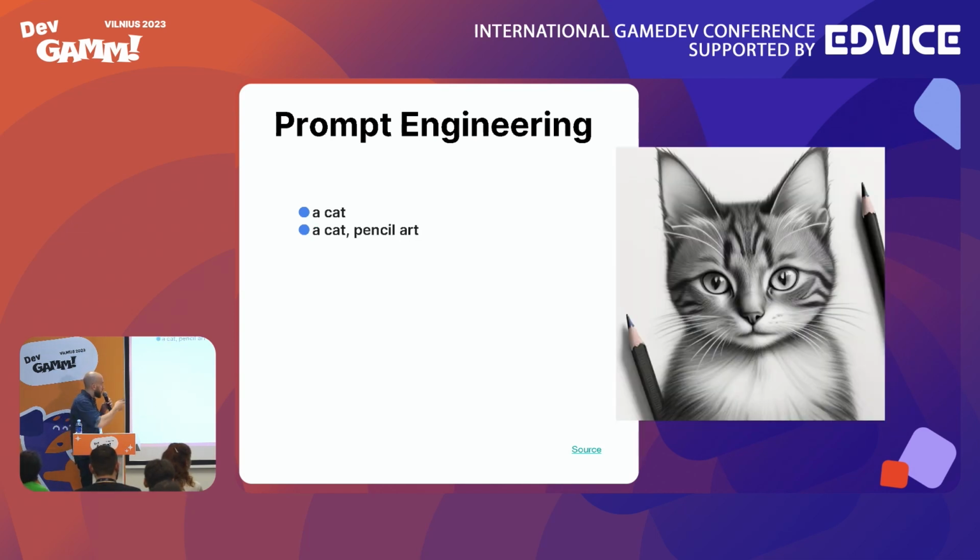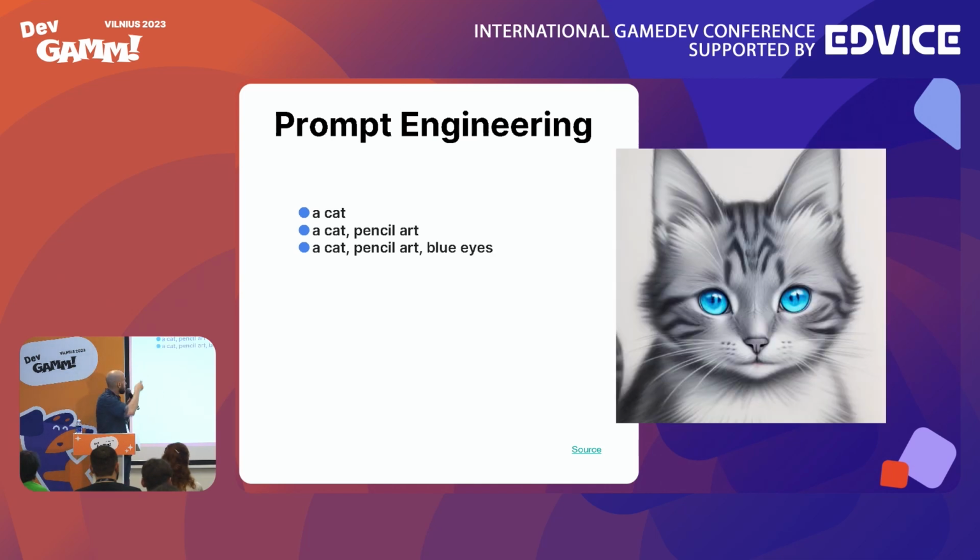For example, you can write a cat, pencil art, and voila, now our cat is drawn with a pencil. And moreover, you can control details, like a cat, pencil art, and blue eyes. And voila, we have a cat with pencil art and with blue eyes.